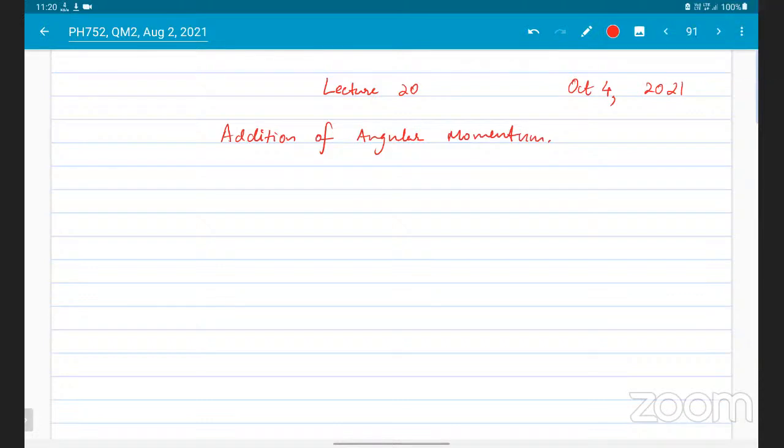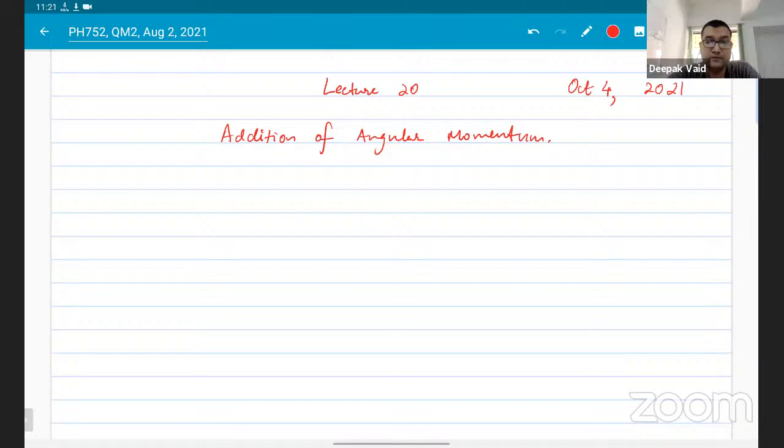So today we're going to start on probably one of the most important and interesting topics of quantum mechanics, which is the addition of angular momentum. So this is one of the most fundamental questions in quantum mechanics.